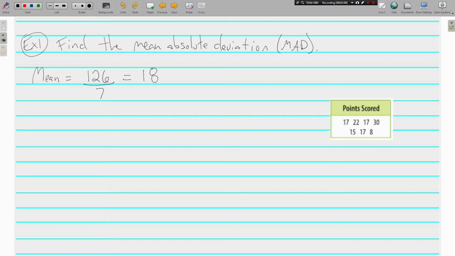Now, here's where the mean absolute deviation comes in. I'm going to list our different points scored here. What do we have? 17, 22, 17, 30, 15, 17, and 8. I'm going to take us back a screen to look at the definition again.